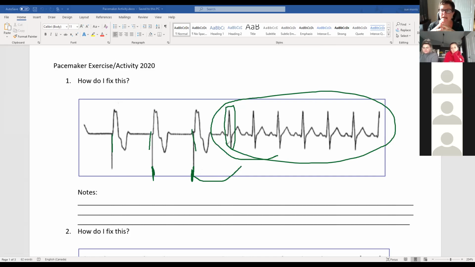So the device said, hey, I see a QRS. And if you had a temporary pacemaker in front of you, you could see that the pace light would be here, pace light here, pace light here, but then your sense light would be showing up over each of these QRSs because it's seeing what's happening here. So I don't have to fix anything. Everything's good.